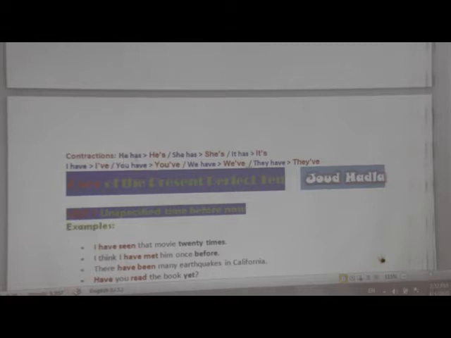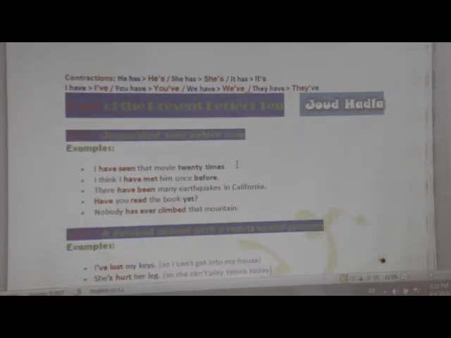He has, the contraction form is he's. She's is the contracted form of she has. It's is the contraction form of it has. I have, the contraction form is I've. You have, you've. We have, we've. They have, they've.